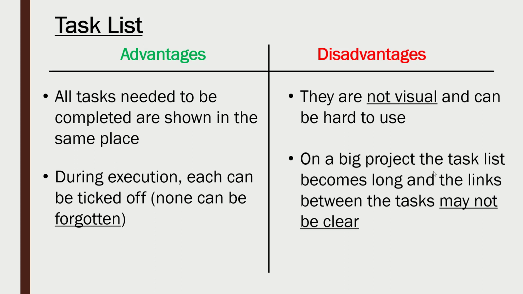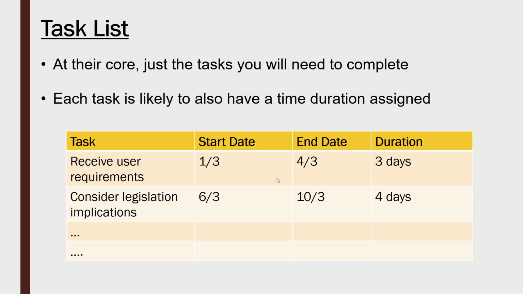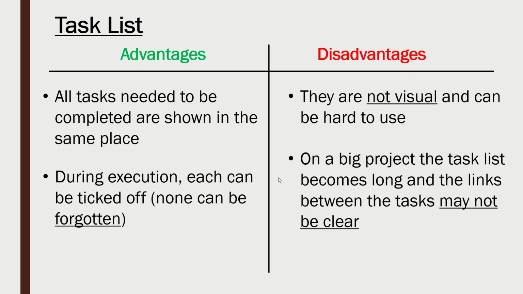And also, if you have a big project, this list is going to become so long and maybe not very manageable, and any links like dependency or concurrency are going to be very hard to see, if at all. Maybe you don't even know if a task can be done in parallel, especially if you haven't got, say, dates to confirm this. So it's not great for large projects, not great as your entire basis of your planning. But if you wanted to use your task list to make a Gantt chart, that might be more suitable.